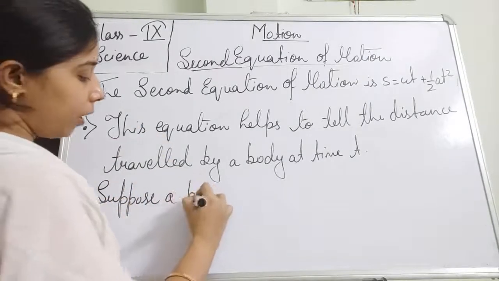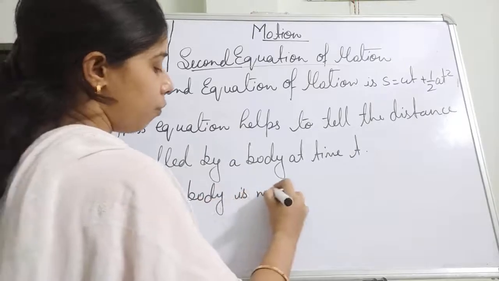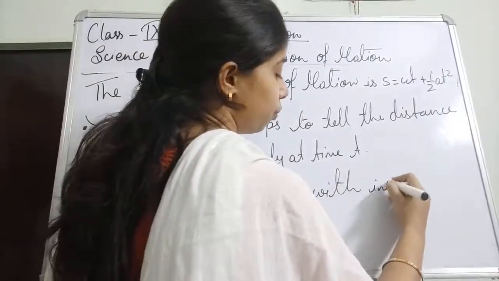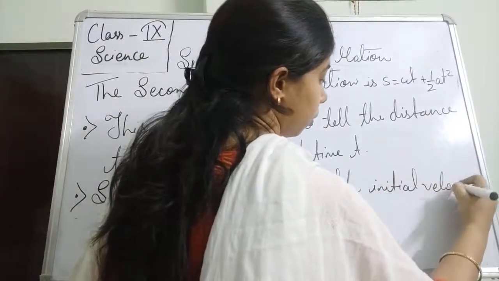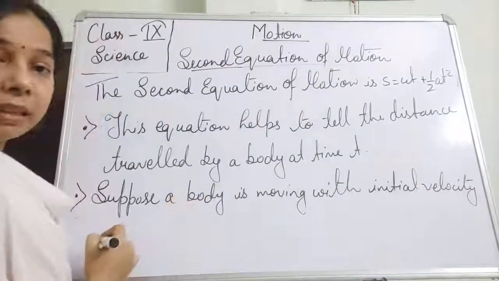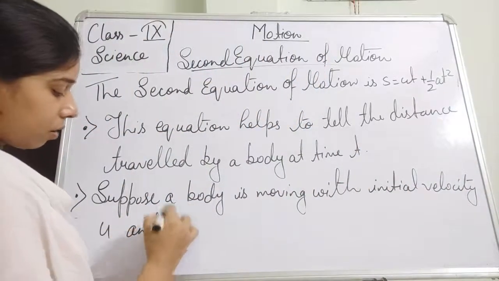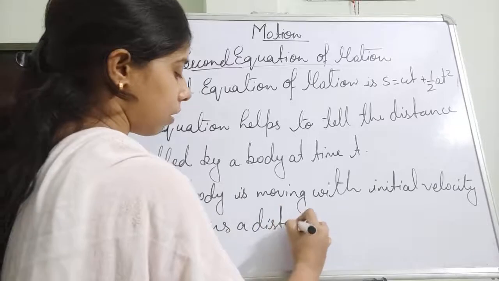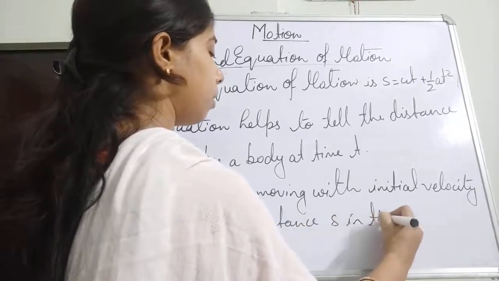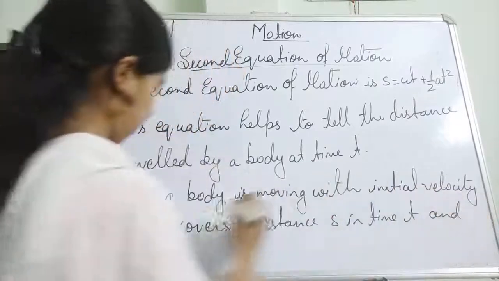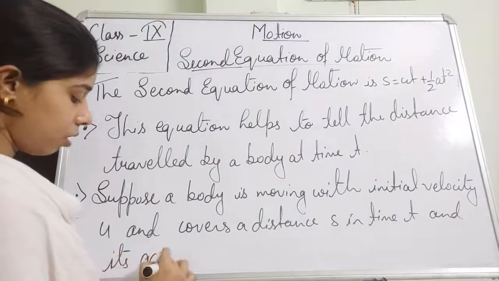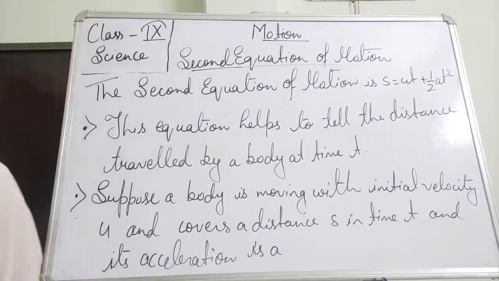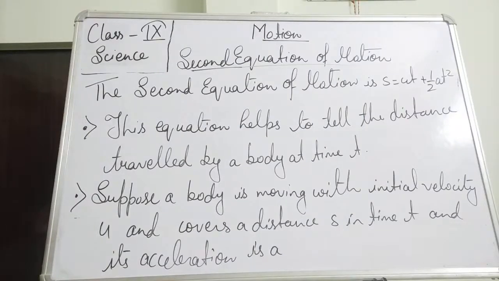Suppose a body is moving with the initial velocity u and covers a distance s in time t, and its acceleration is a. Acceleration is a.